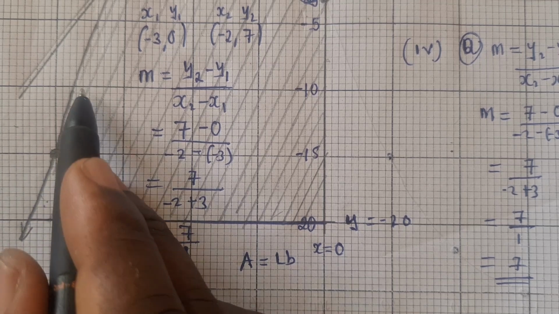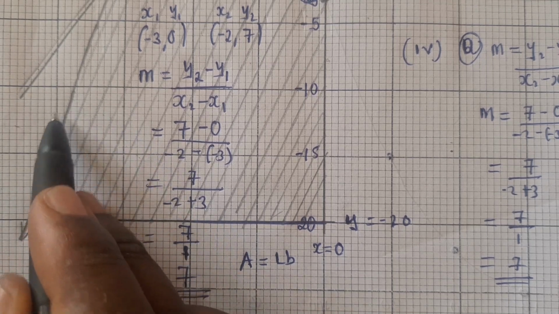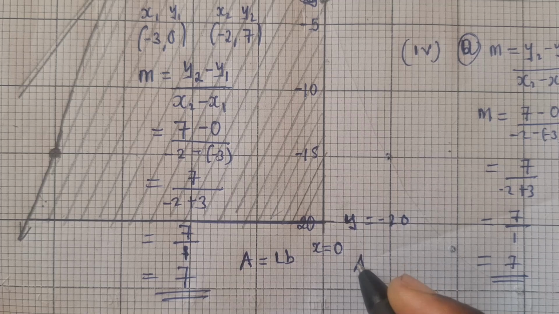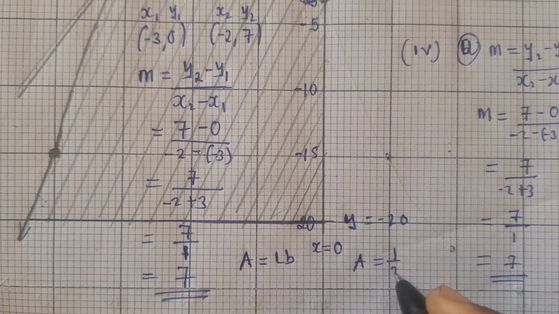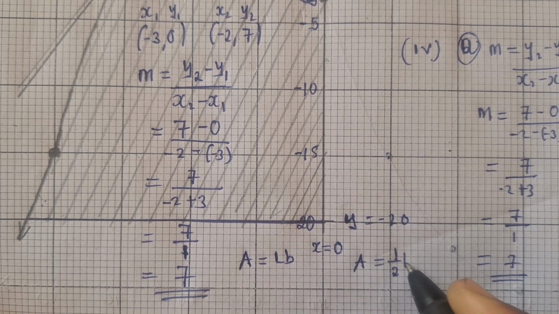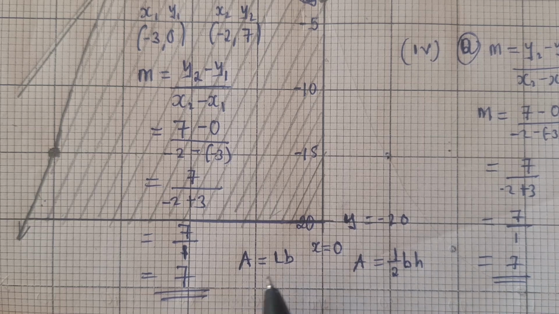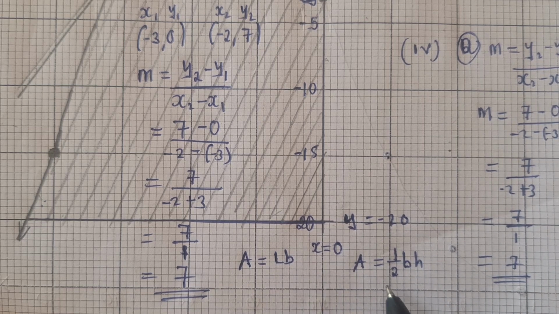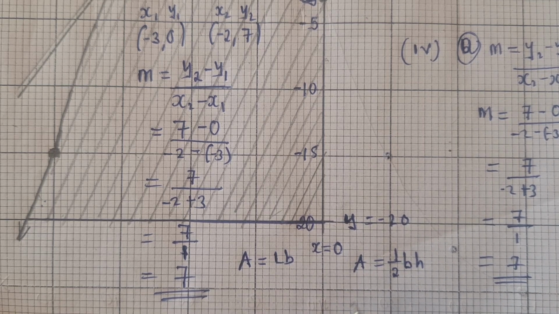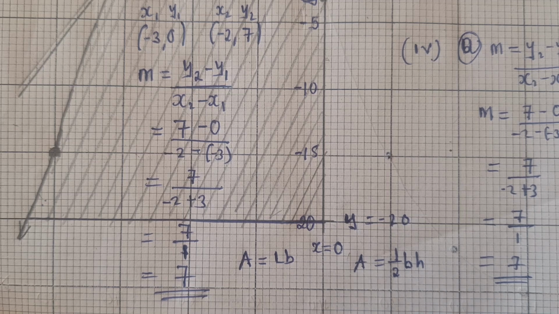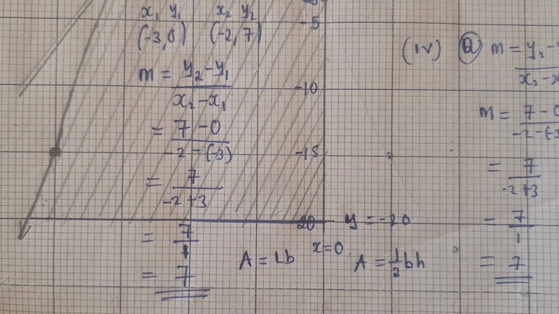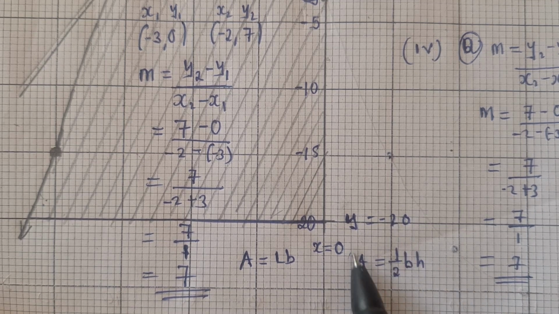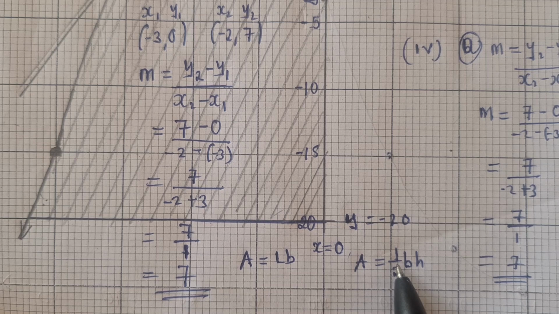Can you see this one is cut? This rectangle is cut somewhere here. So you can use the formula for finding the area of a triangle. This is a rectangle, this is a triangle. That's why we're dividing by 2. For those people asking why we are dividing by 2, it's the area of a triangle. So whichever box is cut, we are treating it as a triangle. Does that make sense to you?